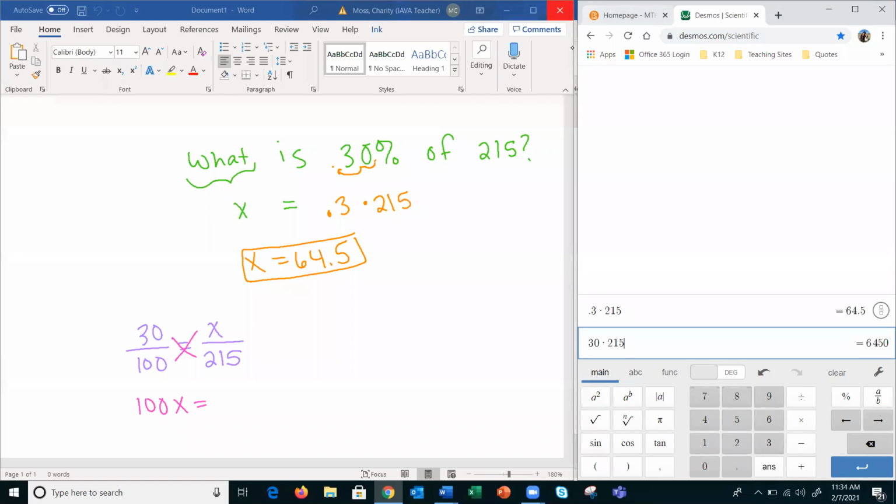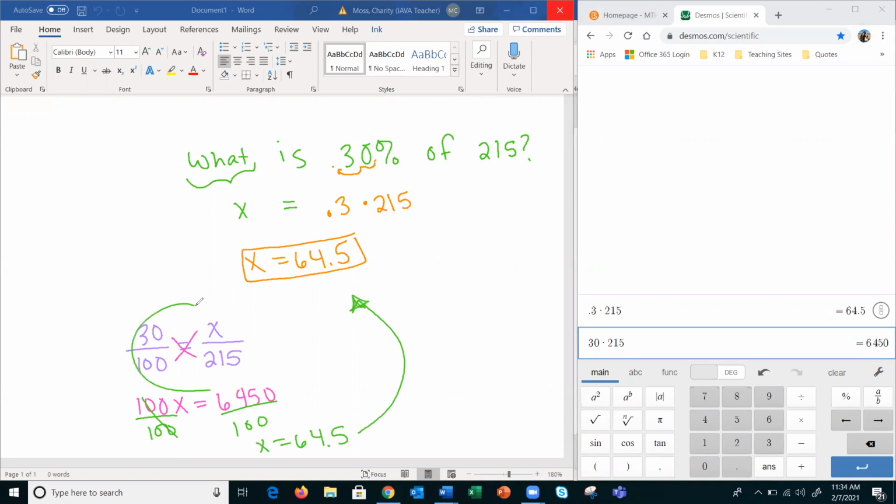But seriously, pause it and use the calculator as you need to. So you have 6450, and when you divide by 100, you end up with the same answer. So x equals 64.5, which, like you see up there, is the same place.